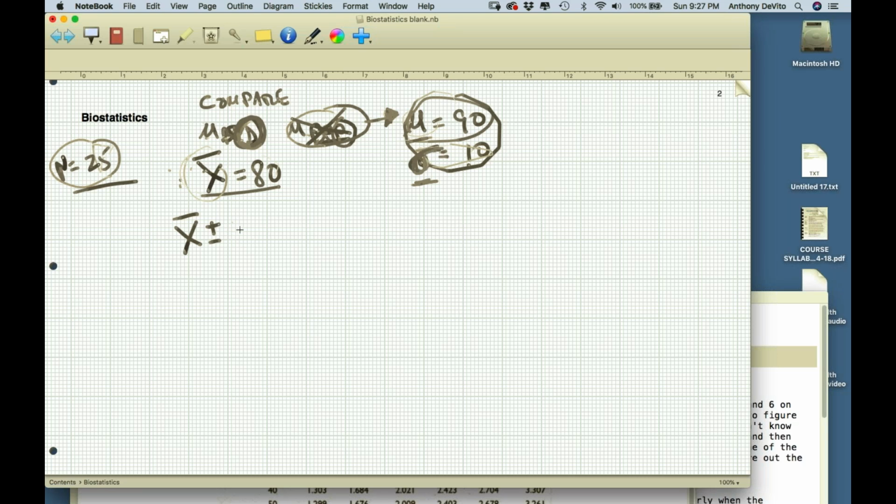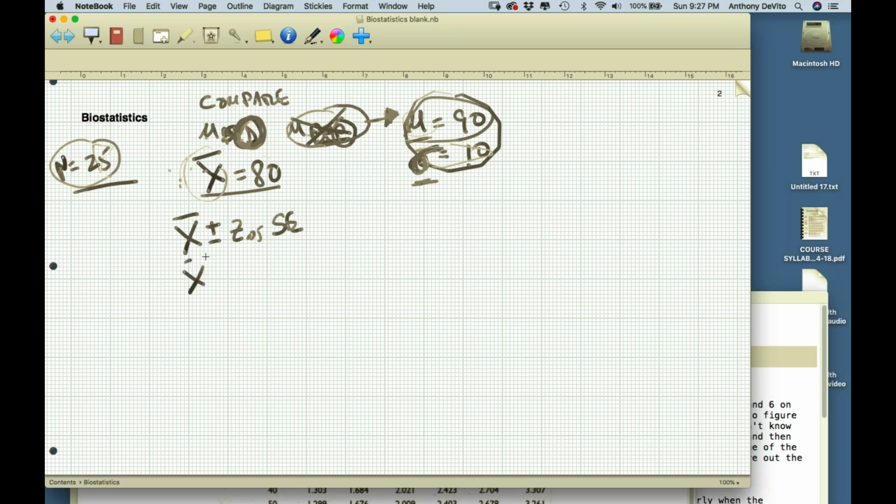I'm going to use sigma, so I know I can use the z-score, which is 1.96 for alpha equal to 0.05, or a 0.05 chance of being wrong, or 95% confidence. Z-score for 0.05 times the standard error.